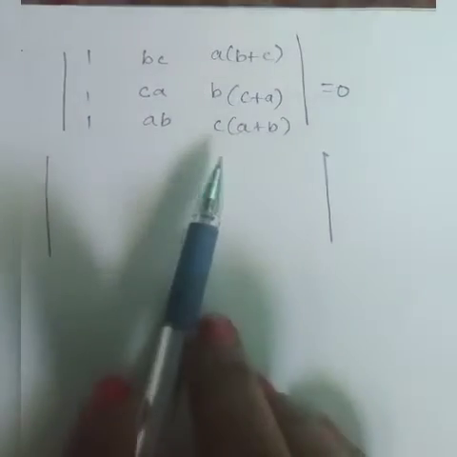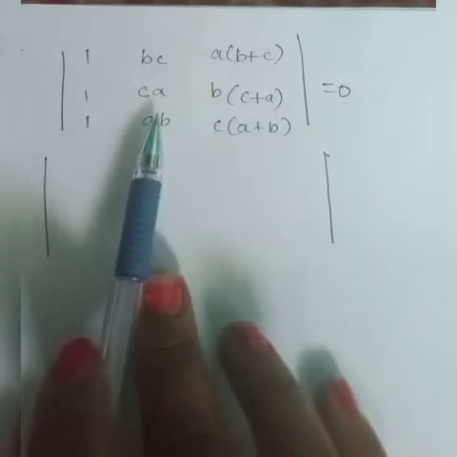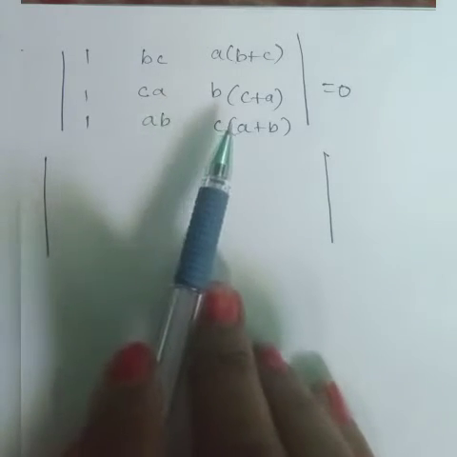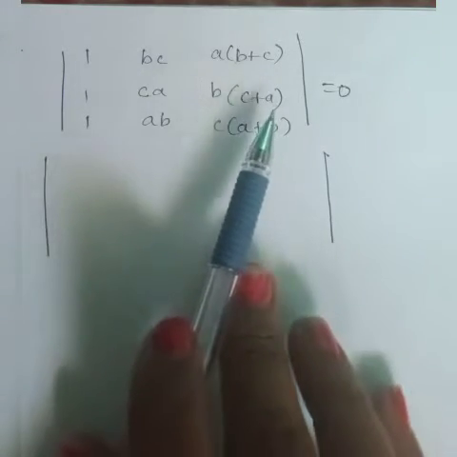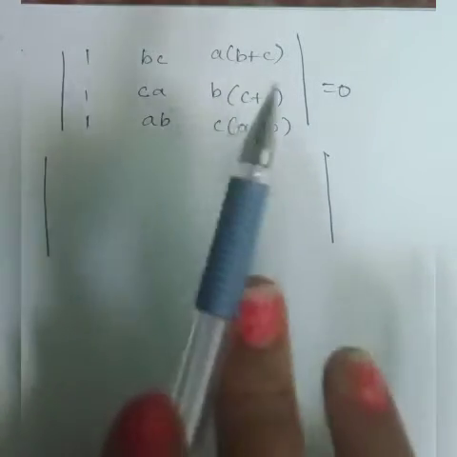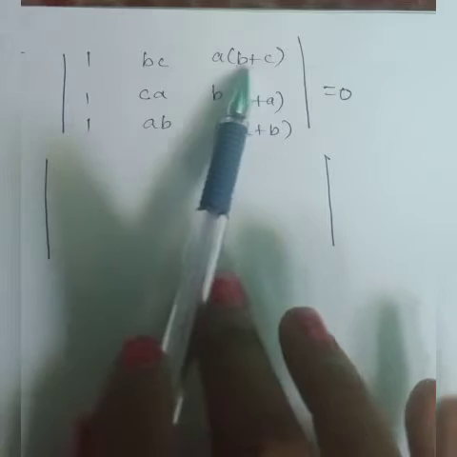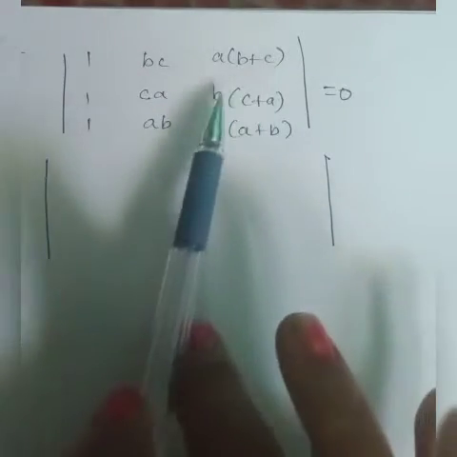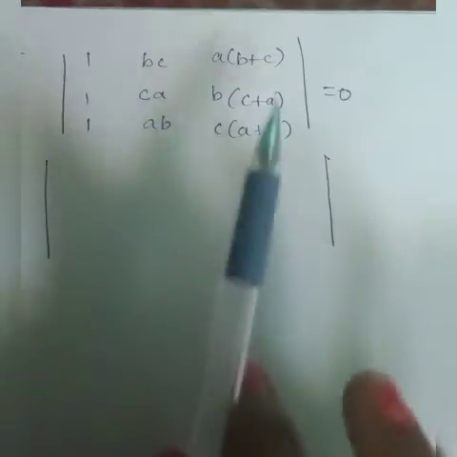As I told you already, whenever any two rows or two columns are identical, the determinant value is 0. So we try to make any two rows or any two columns identical. Here, as I told you, one term is missing: here AB, BC is missing CA, and here AB, BC, CA is missing AB.